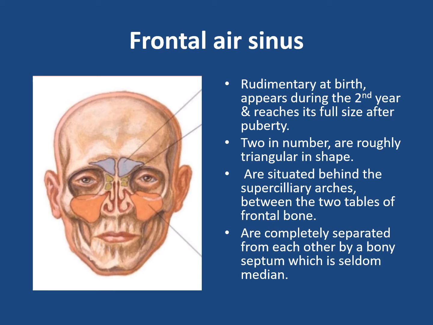As seen in the picture, they are two in number and they are roughly triangular in shape, and each of them is separated from the other by a bony septum in the midline. They are situated behind the superciliary arches of the frontal bone between the two tables.